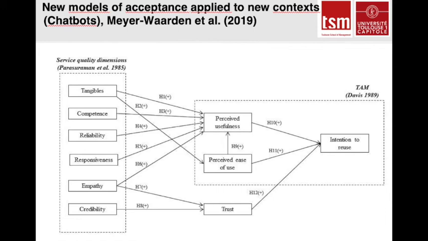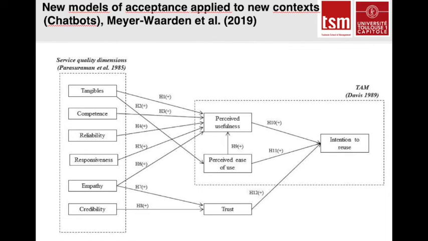So you can see that these service quality input variables or antecedents positively impact perceived usefulness as well as perceived ease of use. And credibility impacts positively trust. In turn, trust impacts positively intention to use.